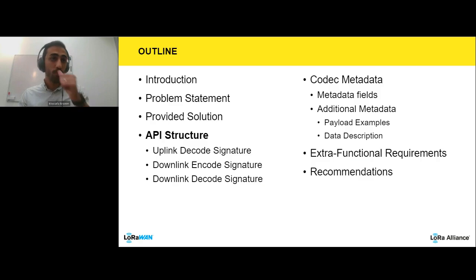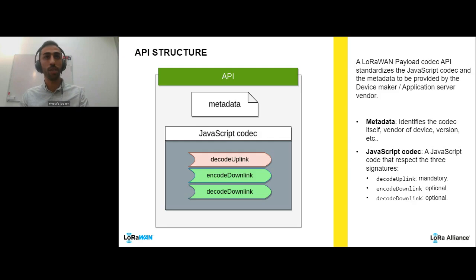So now, as we know about the advantages of this standard, let's go through its structure, how it will be implemented, the metadata and requirements recommendation, as we said. Here's a slide that shows the API structure.